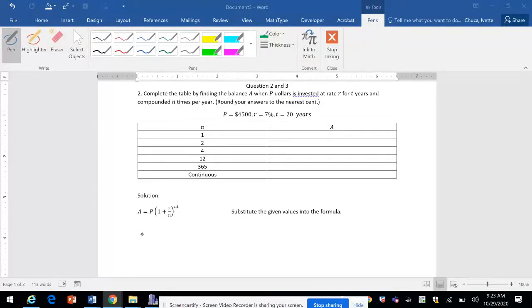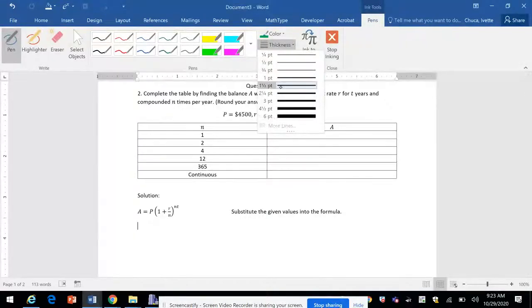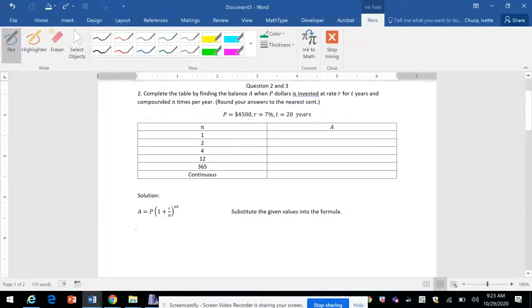So for example here, we don't know what A is. P, they tell us, is 4,500. R is 7%, so we want to write that as a decimal. And N, we'll use 1 for the first row, times 20 for the time.